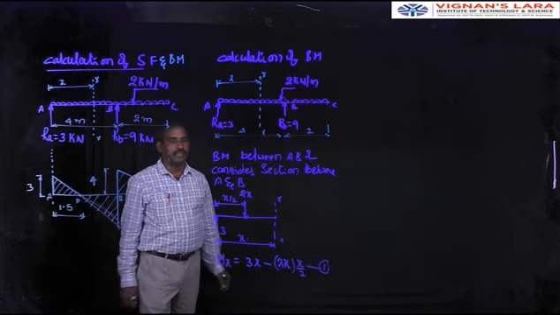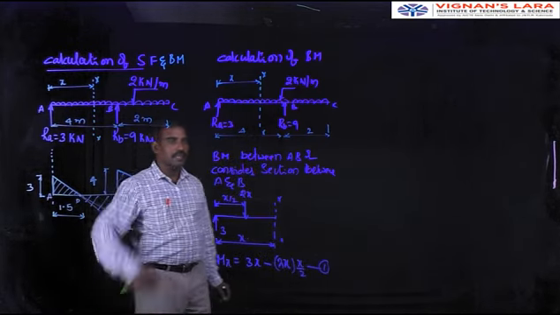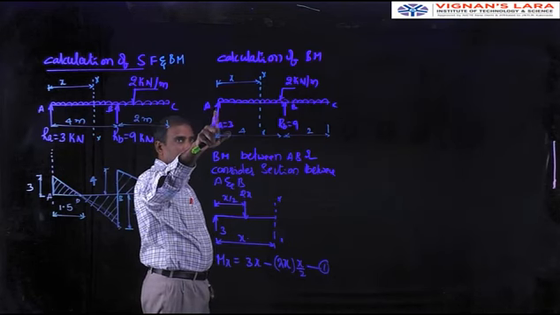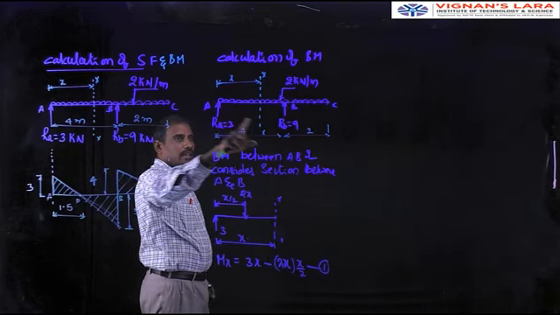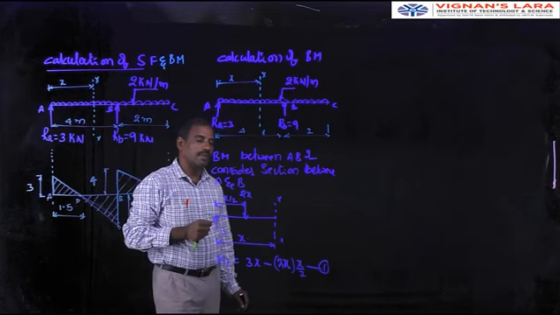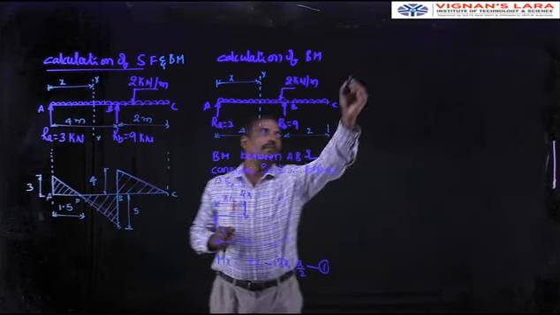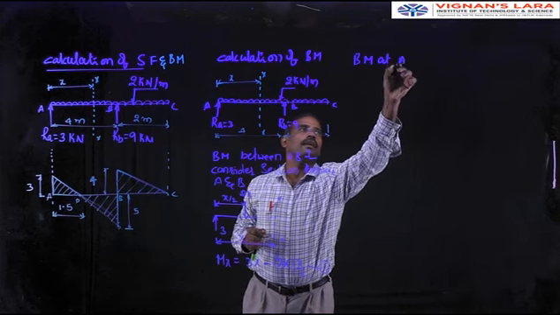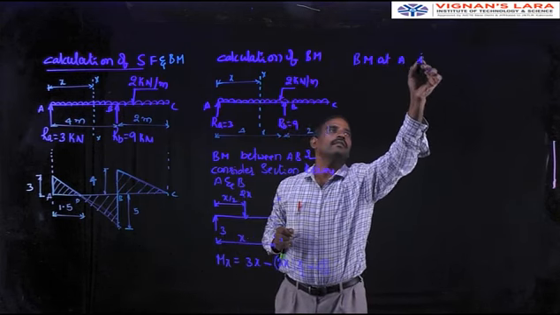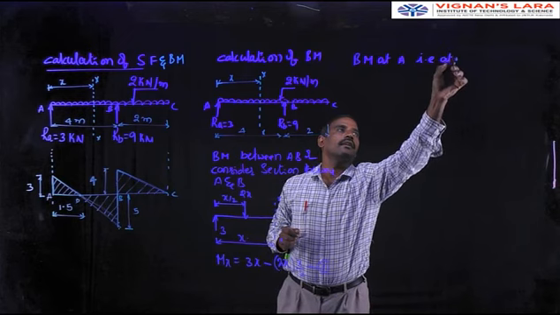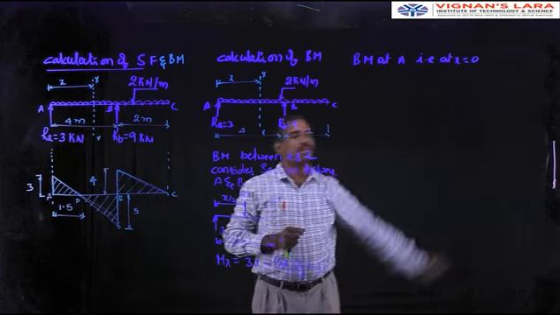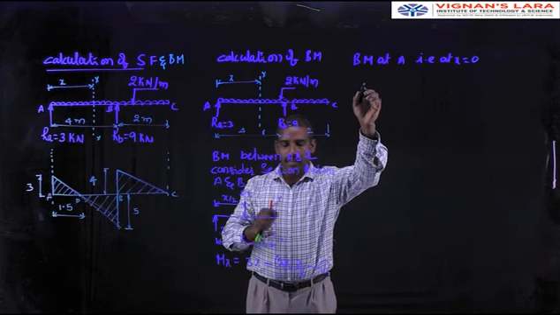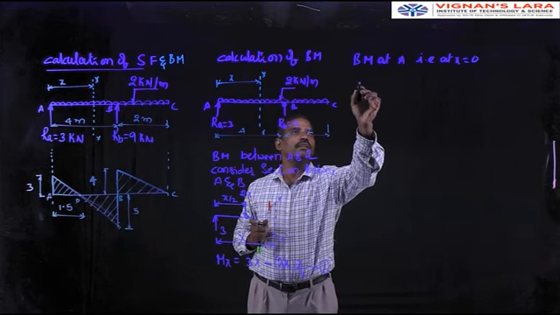Then I can calculate the bending moment at a particular distance. At x equal to 0, it means bending moment at A, and bending moment at B also. Therefore, BM at A, so at x equal to 0, simply substitute x equal to 0 in equation number 1.